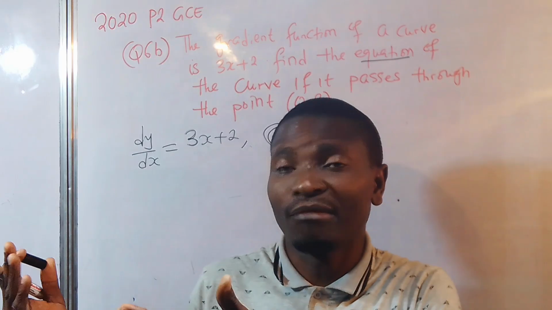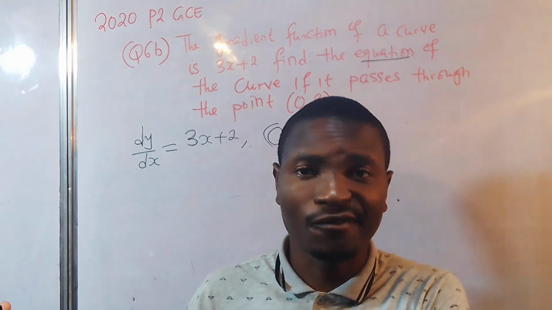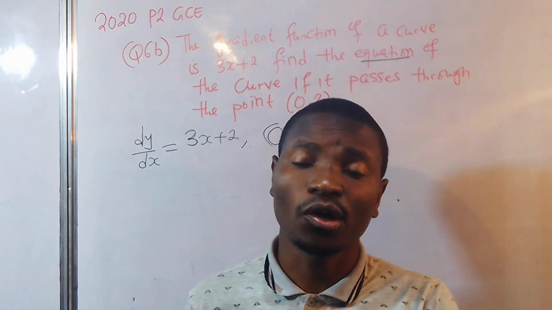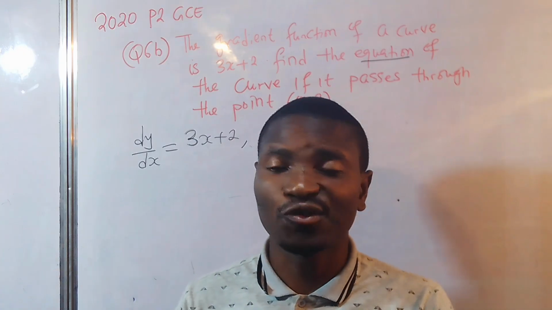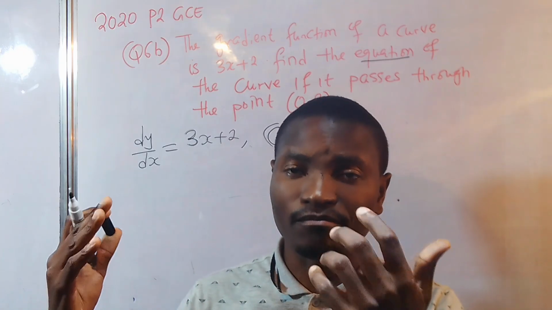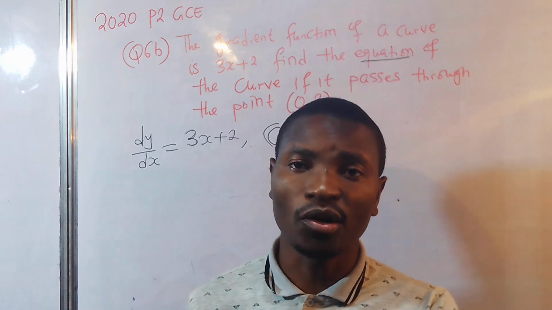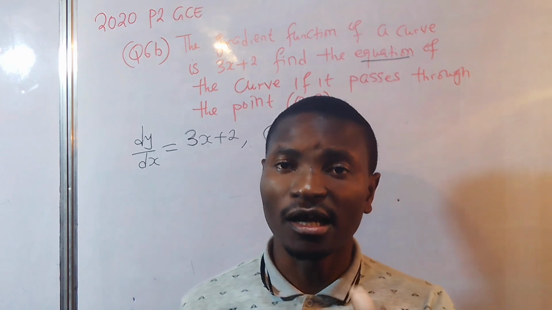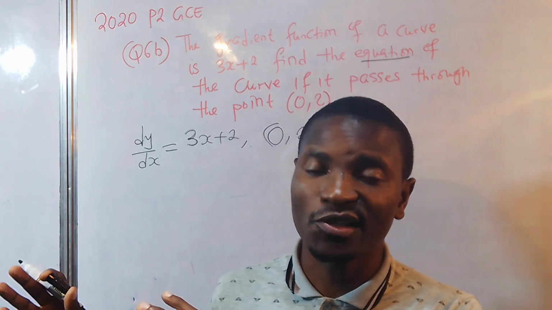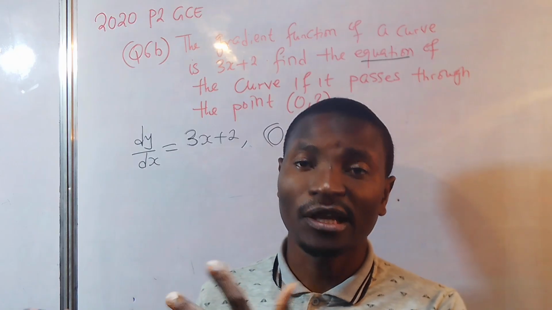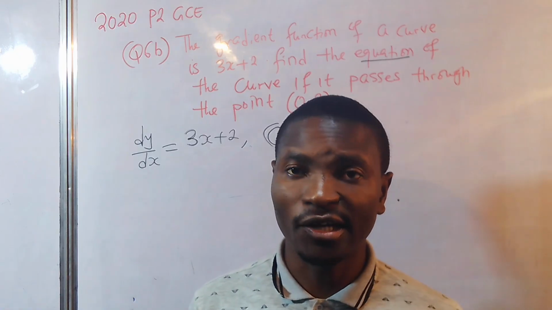If you want to learn the basics of calculus, you can go to my YouTube channel and search for calculus. I've done many examples on differentiation as well as integration. So we're going to integrate this so that we can take it back to the original equation.